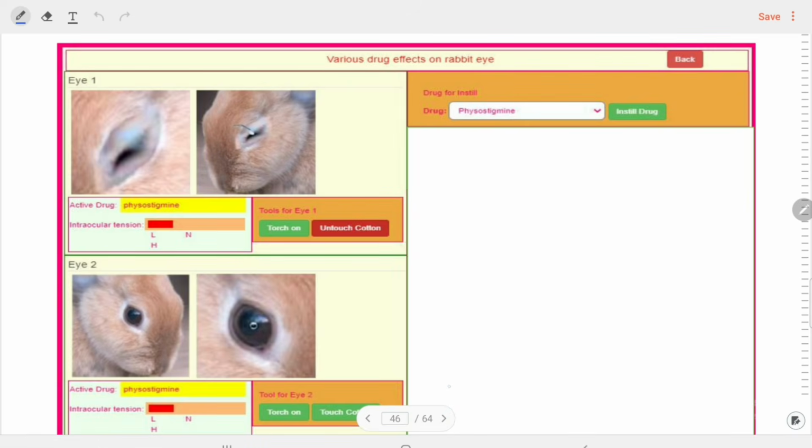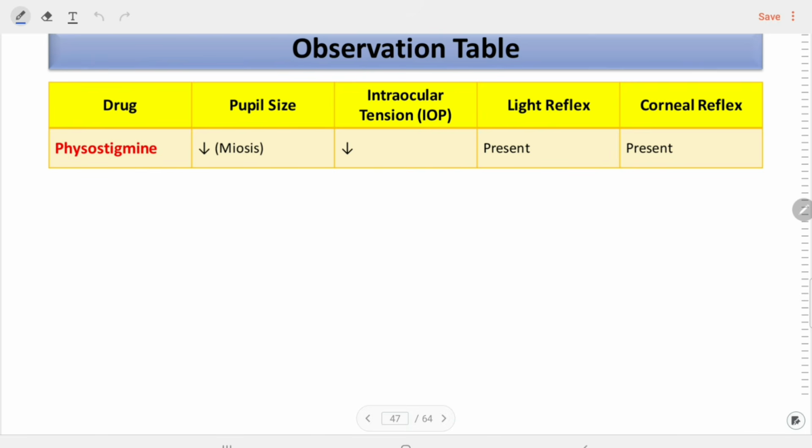Yes, it should also be present because of no blocking of the sodium channels. If the sodium channels are free, they are going to be activated after touch, and it will lead to the corneal reflex. So the final result will be meiosis because of the activation of the M3 receptors. Intraocular tension decreases because of increased outflow. Light reflex will be present because of activation of the M3 receptors, and the corneal reflex will also be present.